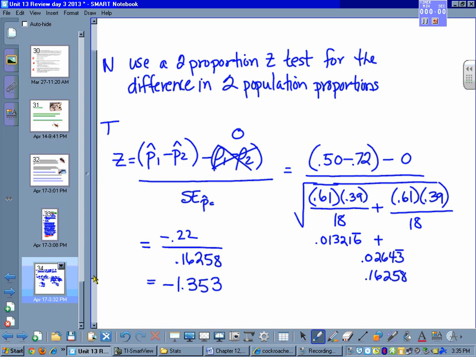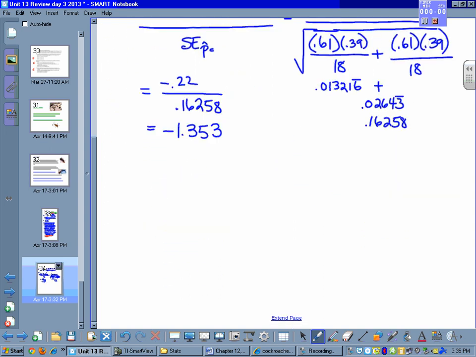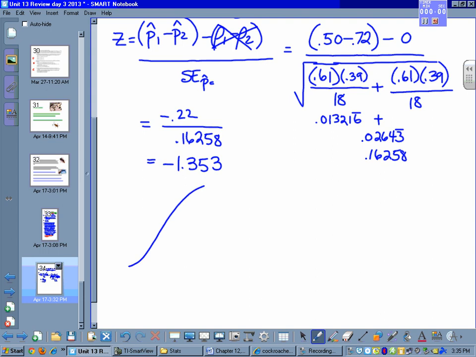Okay, if we were to take a look at the picture of this graph, my null hypothesis is that I have a 0.